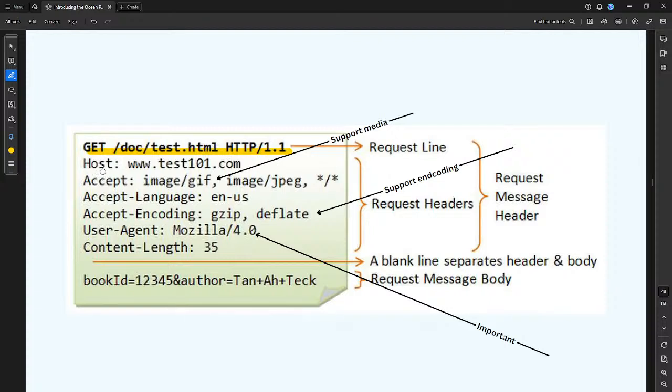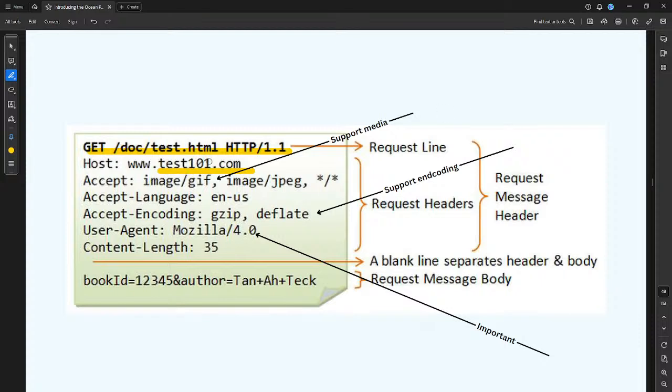Now from the host test101.com, we can also see the accept header. You can see what language, you can see how it's encoded, definitely the user agent, which is the Mozilla Firefox, and then the content length of this data being sent.